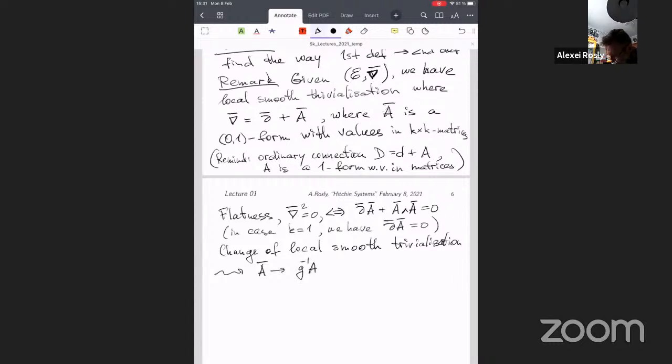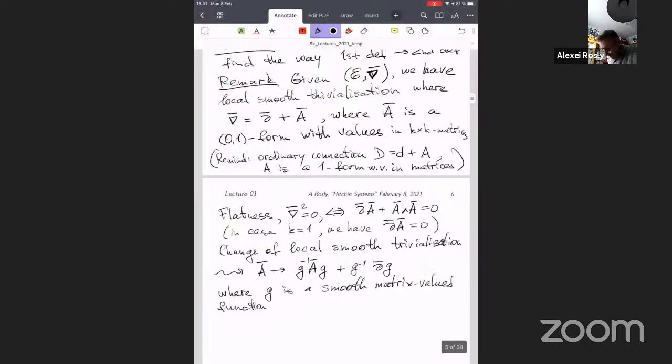Okay, let me put it here. G is a smooth matrix valued function. Okay.